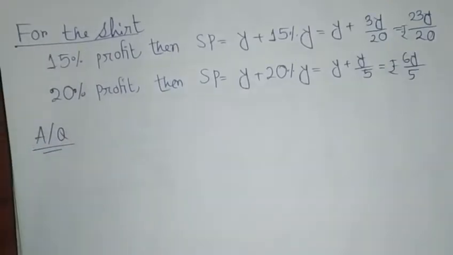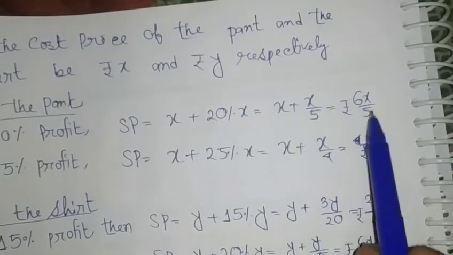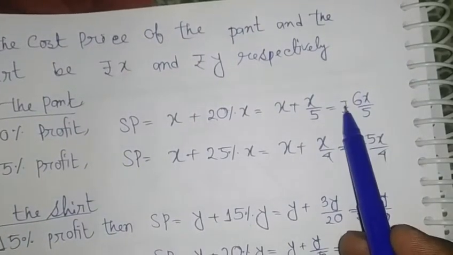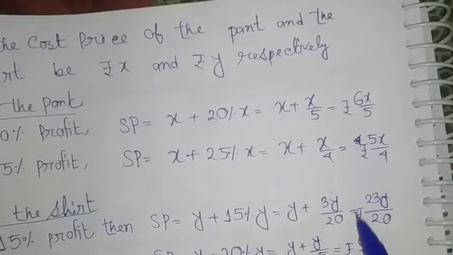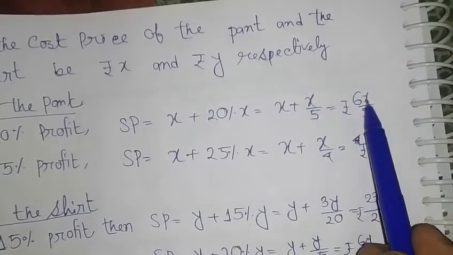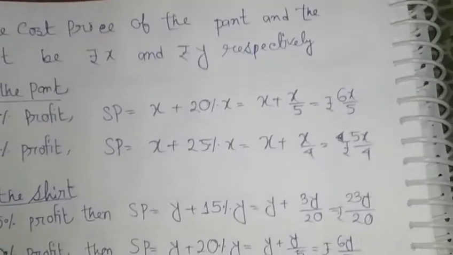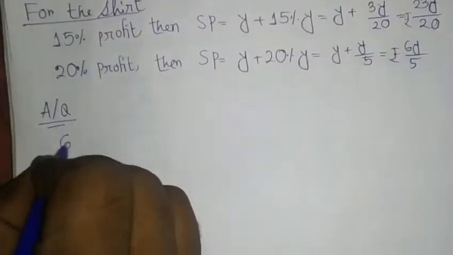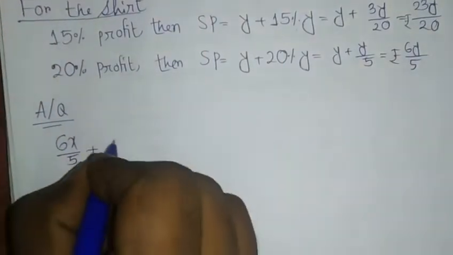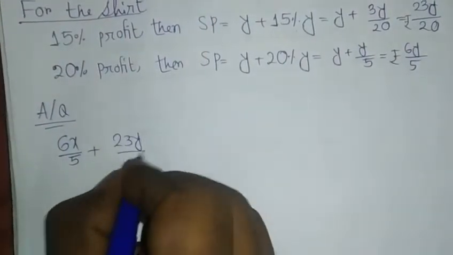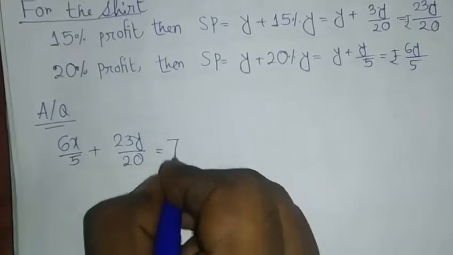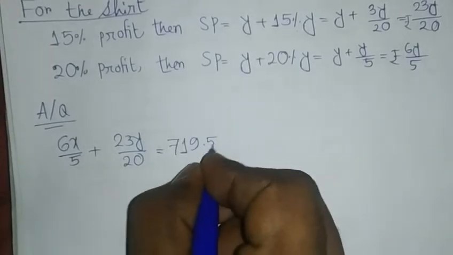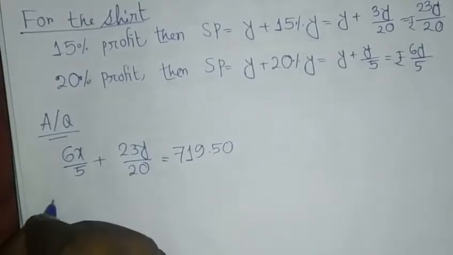Now in the first case, the selling price of the pant is 6X by 5 and the selling price of the shirt is 23Y by 20. If we add these two, we will get 719.50. So according to the question, 6X by 5 plus 23Y by 20 equals 719.50. Now what should we do?